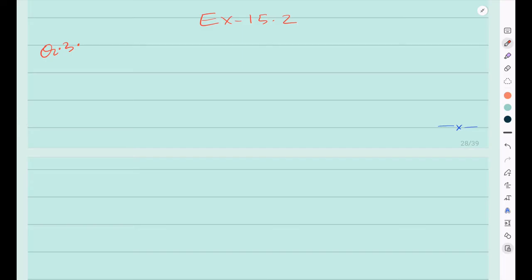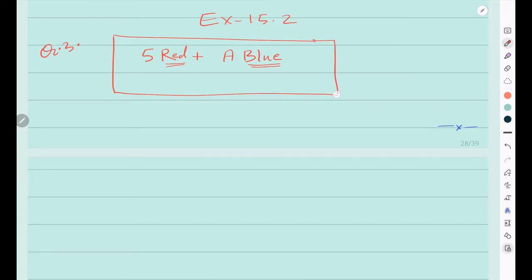Question number 3 says a bag contains 5 red balls and some blue balls. It is saying some blue balls, we don't know how many blue balls. So it's very important that we write it very clearly. So this is the bag, it will just help us in thinking.